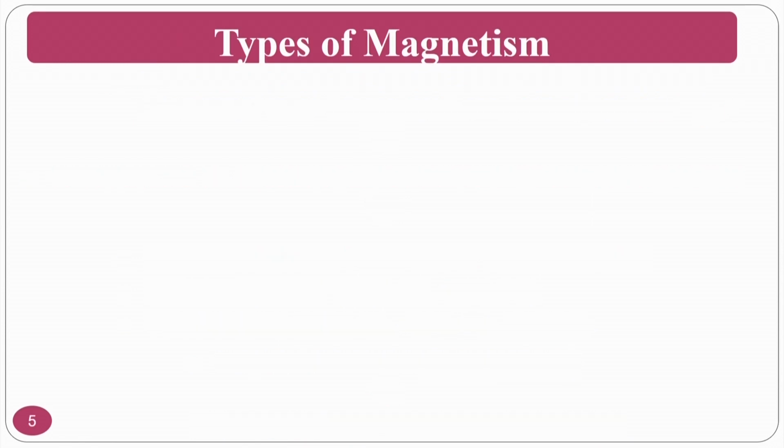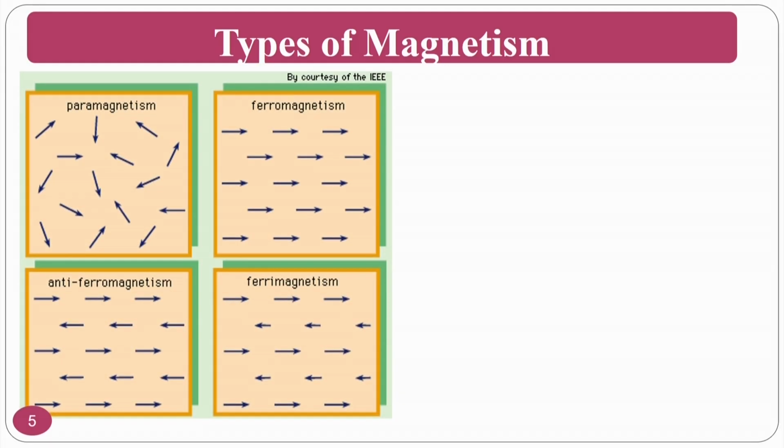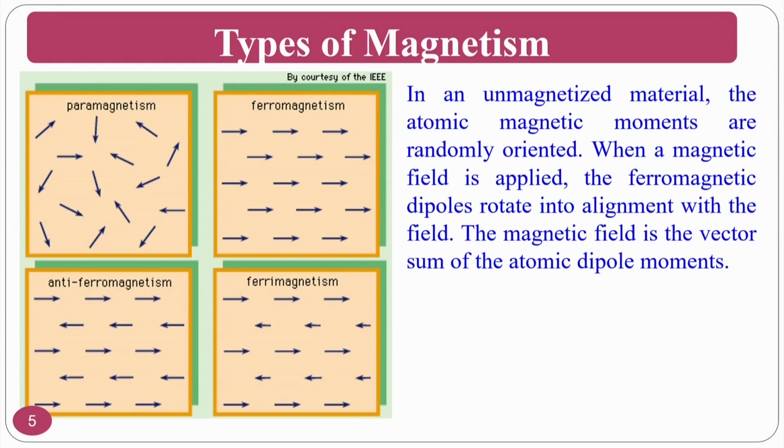As you are well aware, varieties of magnetism exist: paramagnetism, ferromagnetism, antiferromagnetism, ferrimagnetism and other things. In paramagnetism, the basic thing is that in an unmagnetized material, if you are not putting any magnet and the material is not experiencing any magnetism, the atomic magnetic moments are randomly oriented, as you can see here in figure 1.